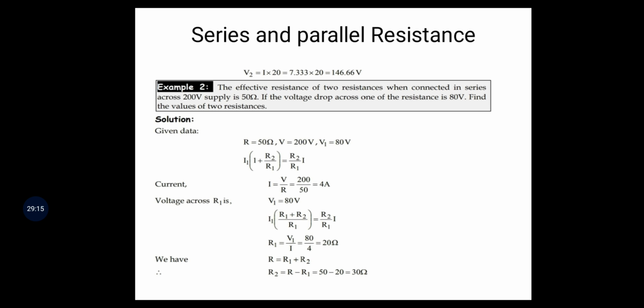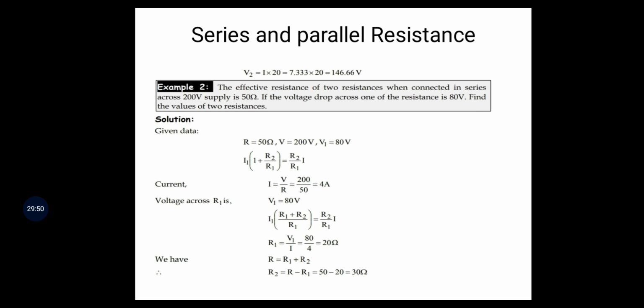V1 equals 80 volts. So R1 equals V1 by I, that means 80 by 4 equals 20 ohms.